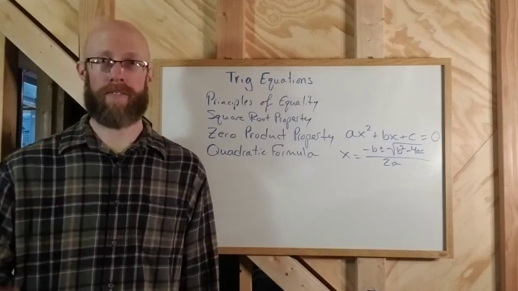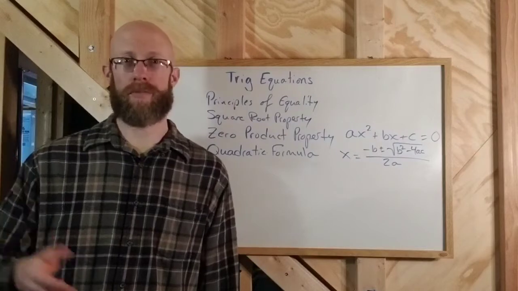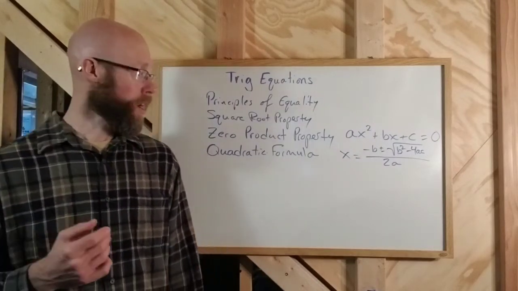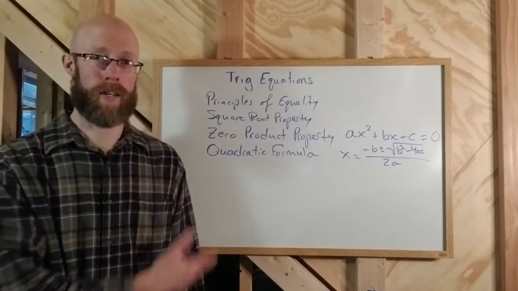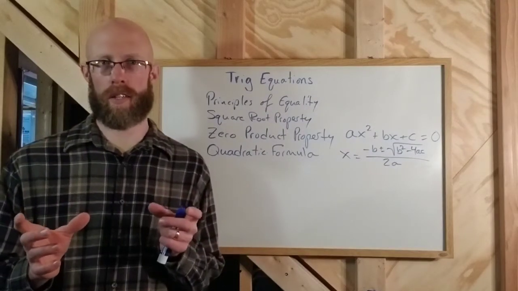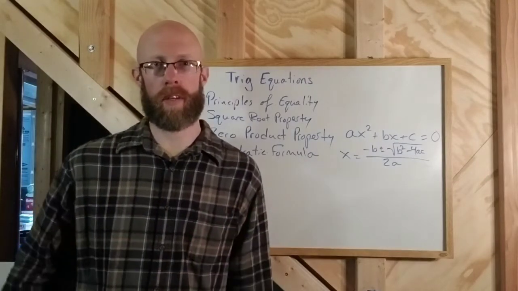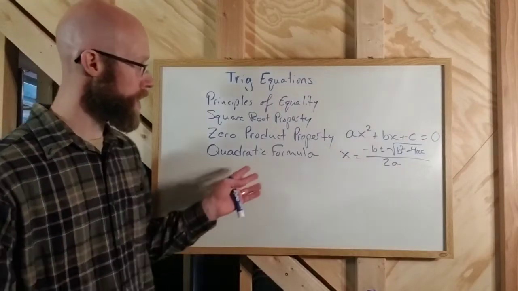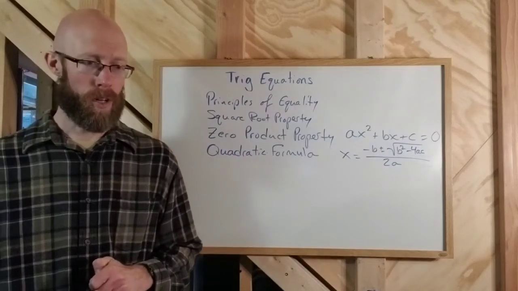Our double angle, half angle, product to sum, sum to product, all those different identities that we've been studying the last few weeks are going to be also potentially important as we try to solve these trig equations, just trying to get the two sides of the equations to simplify so that we can really work with them easier, okay? Okay, so anyway, that's just kind of a rundown on some things that you're going to be able to utilize.